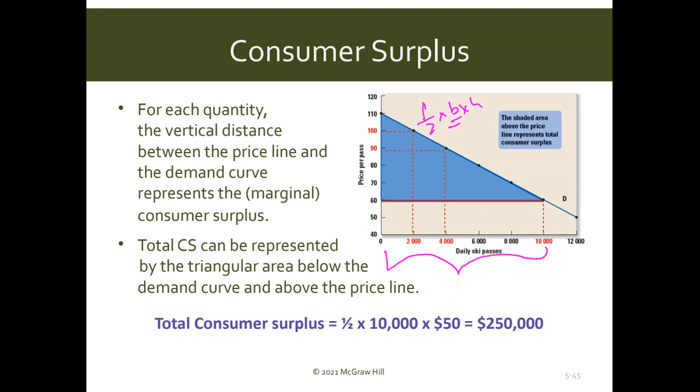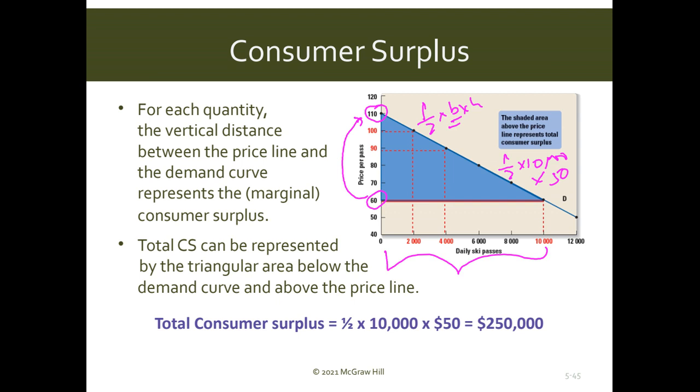Height is from the market price to the maximum price, that is 110. So 110 minus 60. So this will be half times 10,000 times height. 110 minus 60 is 50. That is the total consumer surplus. So this is how you calculate total surplus.